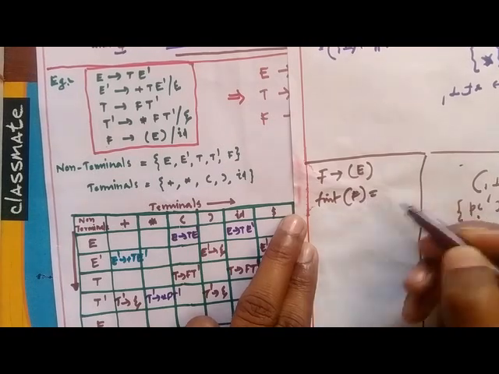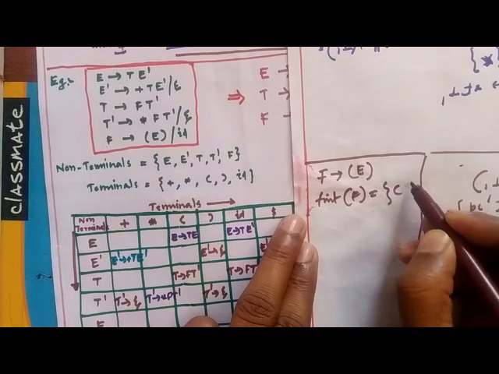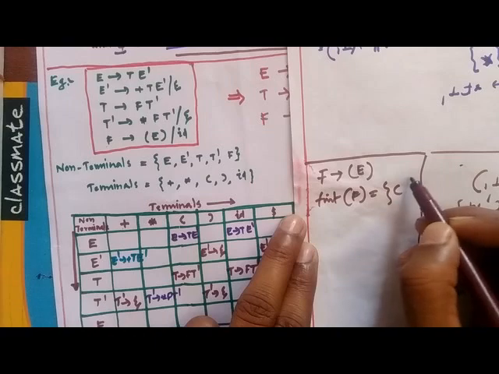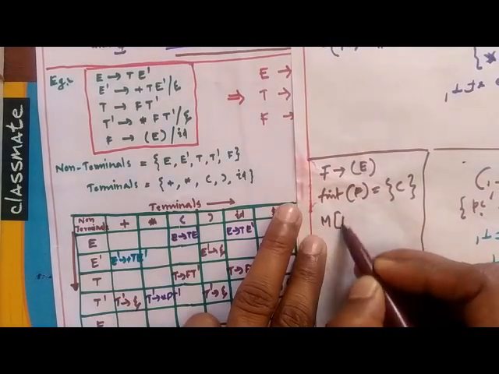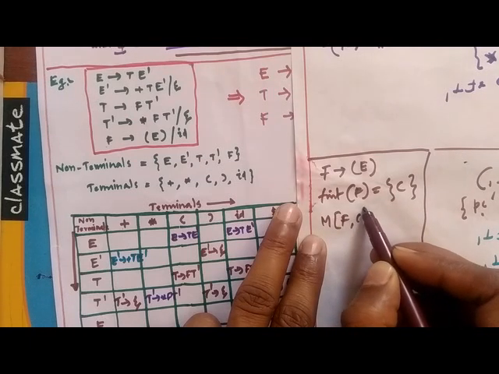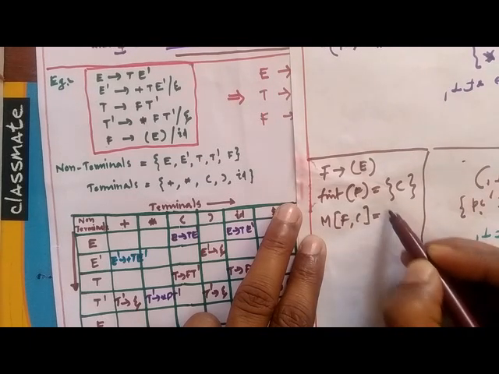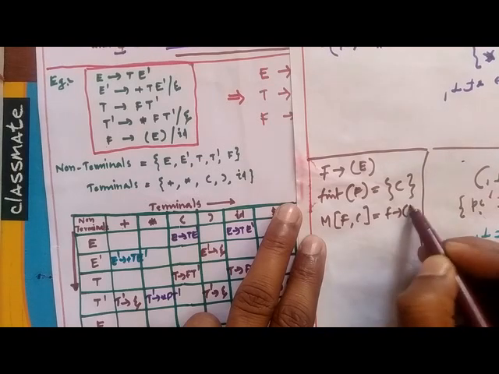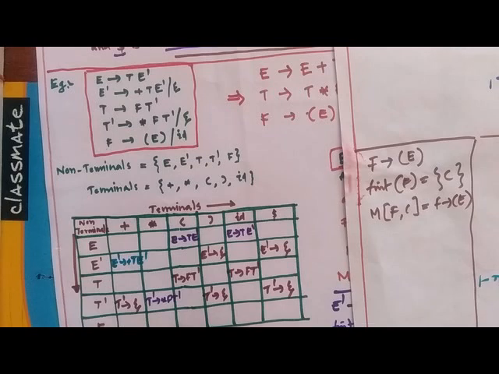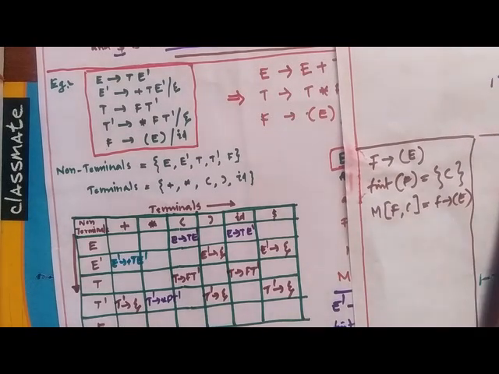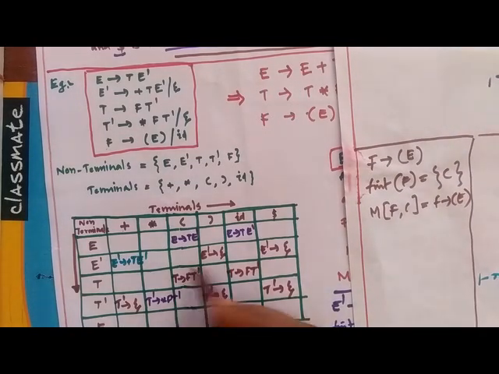First of F is equal to left bracket, so in M of F left bracket we need to add F gives left bracket E right bracket. Fine.